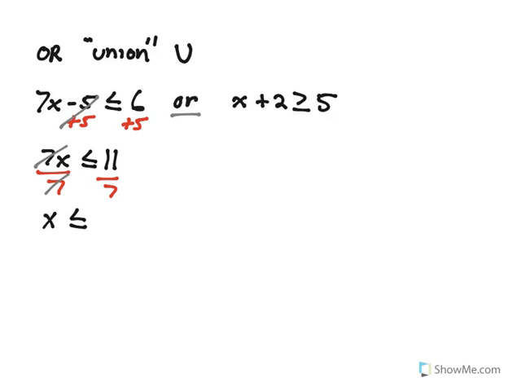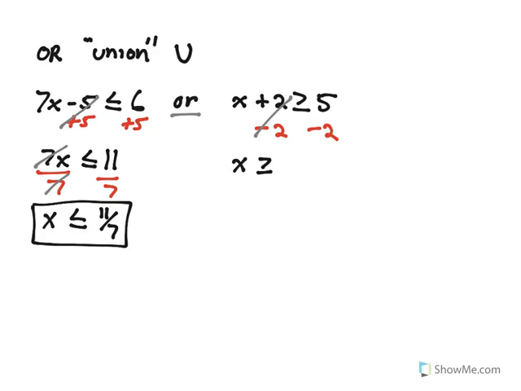Then you just have x less than or equal to 11 over 7. And that's one of my solutions. And then here we're going to subtract 2. So that cancels. Then you're just left with x is greater than or equal to 5 minus 2, which is 3. That is your other solution.